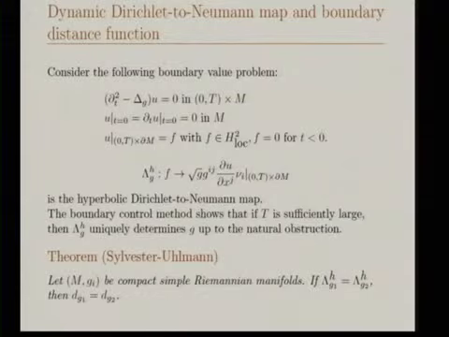So this is one connection of the geometric Calderon problem to another inverse problem, which is the boundary rigidity problem. And of course, whatever I showed is only in the case of 2 dimensions. In higher dimensions, whether there is a connection, I don't know the answer.